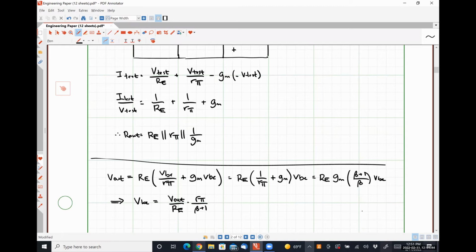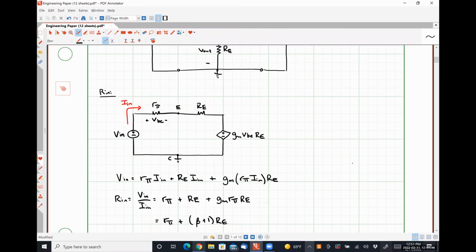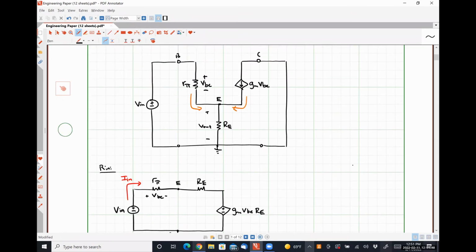So what I'm going to do now, let's scroll up here, is apply Kirchhoff's voltage law around this left-hand loop, right? So I can say that Vin is equal to VBE plus V out.